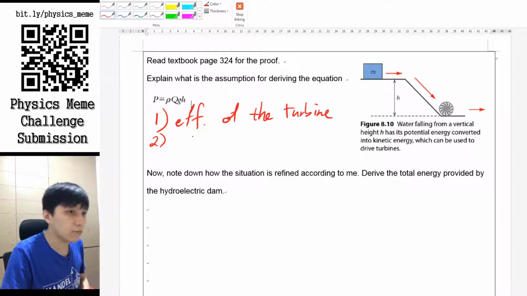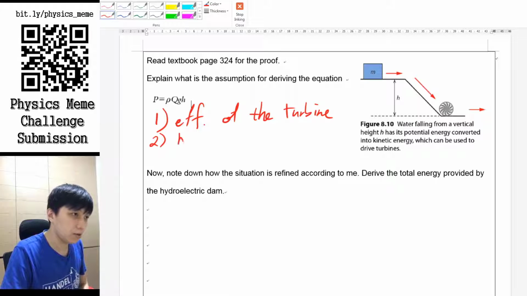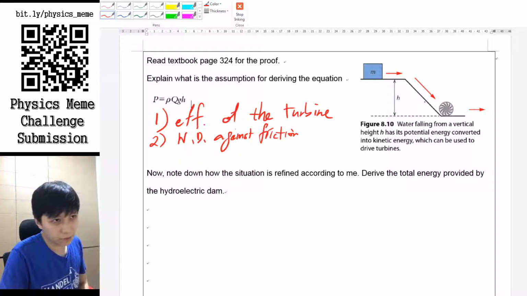The second thing that you may write is other energy loss, which could be work done against friction, because if you think about the water going down here, there must be some sort of friction between whatever the slide is and the water.